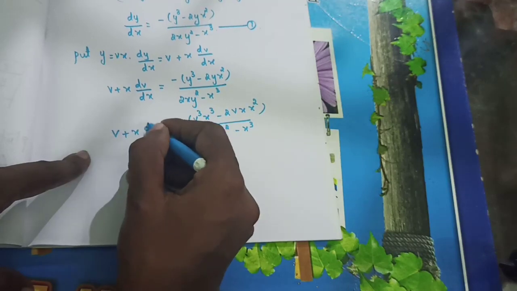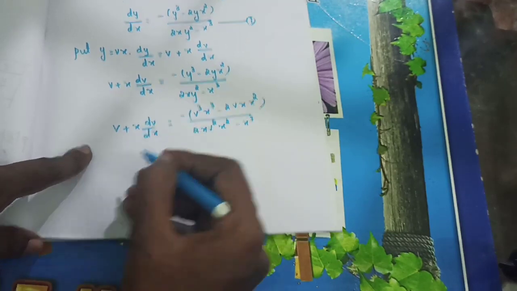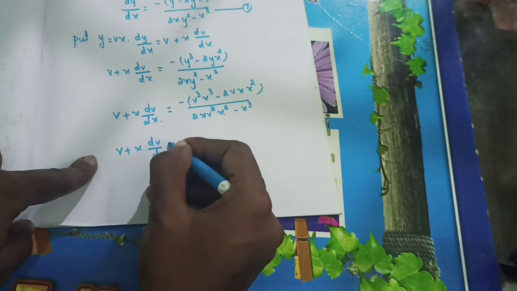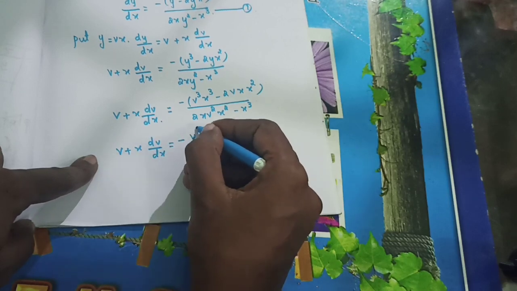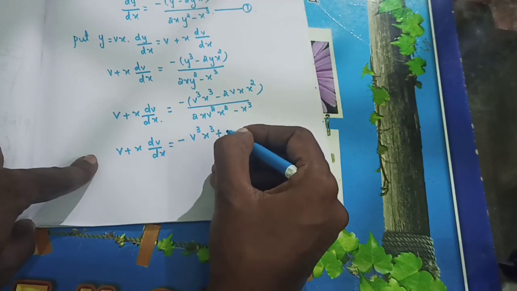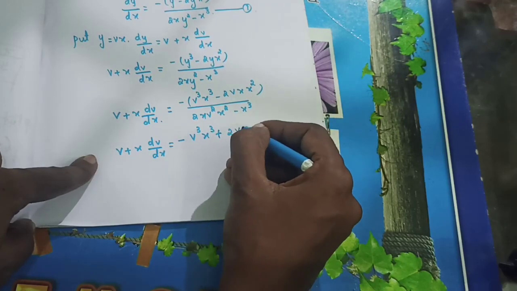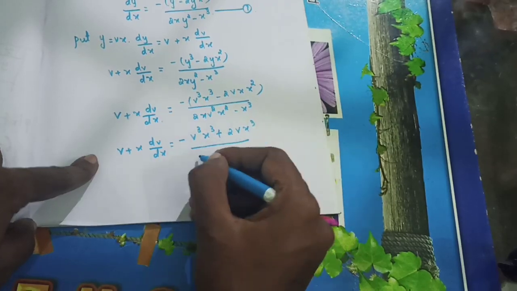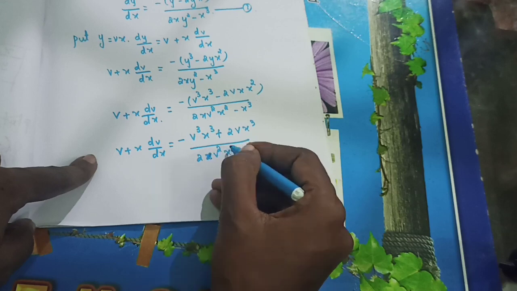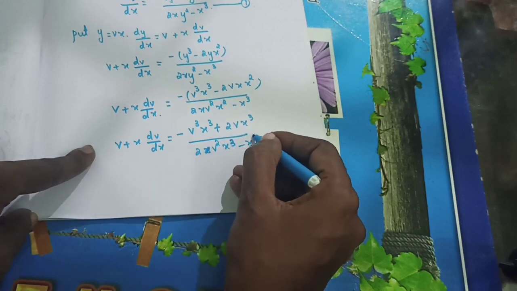Then v plus x into dv by dx is equal to minus, multiplying with minus, v cube x cube, minus into minus plus 2v x cube, divided by 2x v square x square. Sorry, this x and x square can be combined and written as x cube.